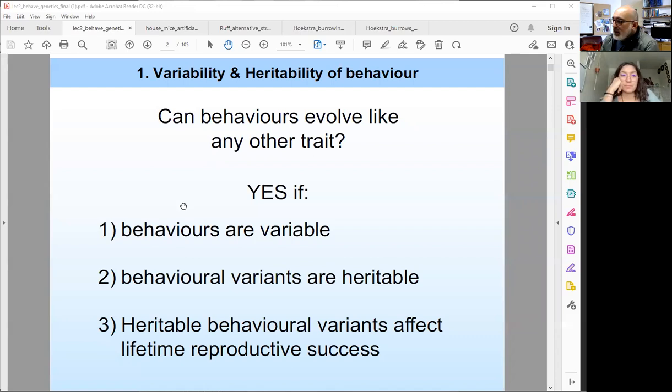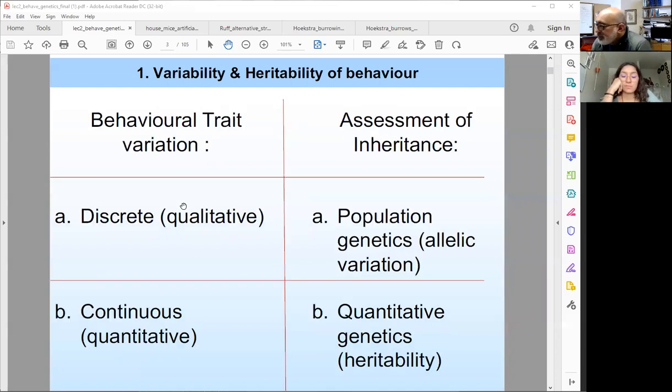Okay. Here is just a quick little table to indicate different types of trait variation. So if you're in my evolutionary biology class, you'll definitely see this again.